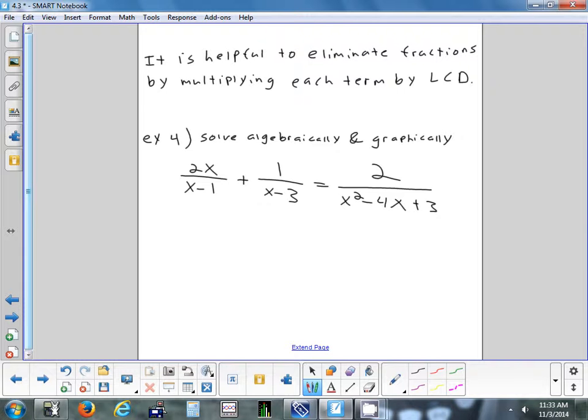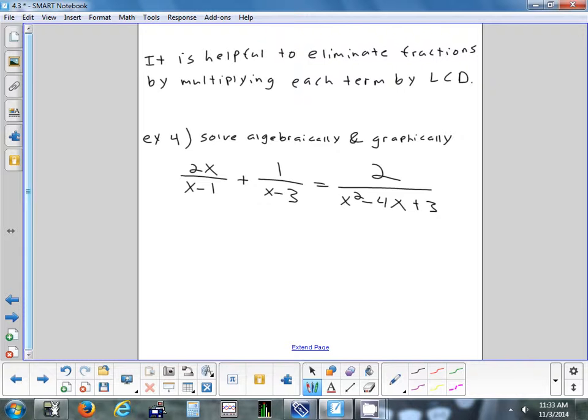A hint is to think of 3 and 4 compared to 12. Yeah, the denominators are factored. Exactly. The denominators on the left are the factors of the denominator on the right. X minus 1 times x minus 3 gives you the other denominator.